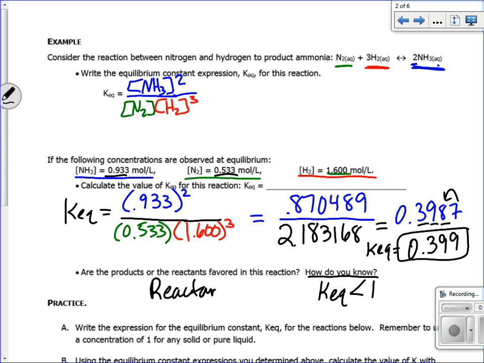The equilibrium position lies on the reactant side. Okay? I know this because KEQ is less than 1. The denominator is a much bigger value, so when I do the division, my number is going to come out less than 1. Okay? So, would it be her beaker or his beaker that is more filled at this point?